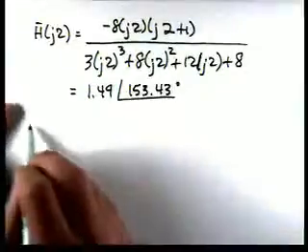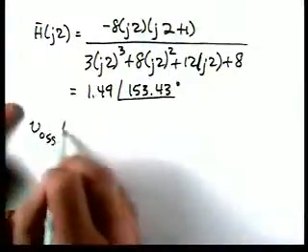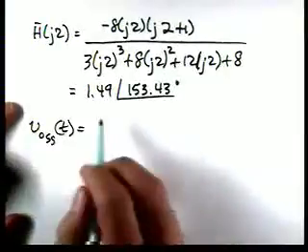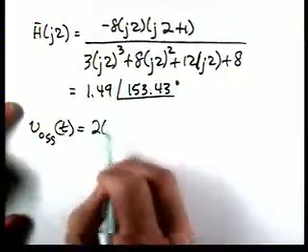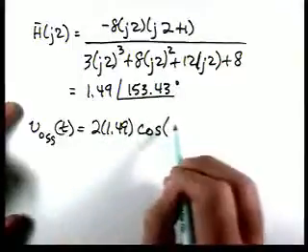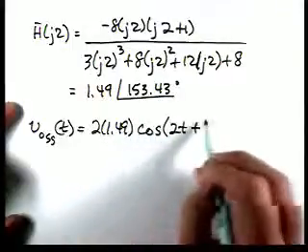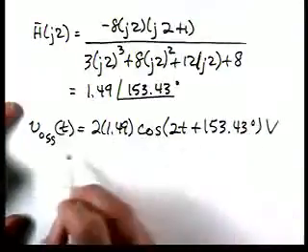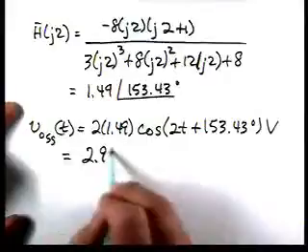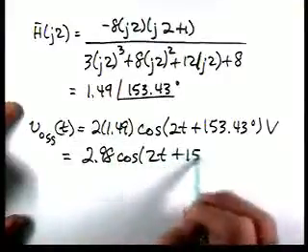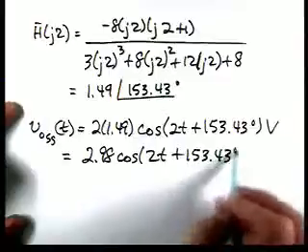So now V0 SS of t, and remember our current source had a value of 2, so it's going to be 2 times 1.49 times the cosine of 2t plus 153.43. That'll be 2.98 cosine 2t plus 153.43 volts.